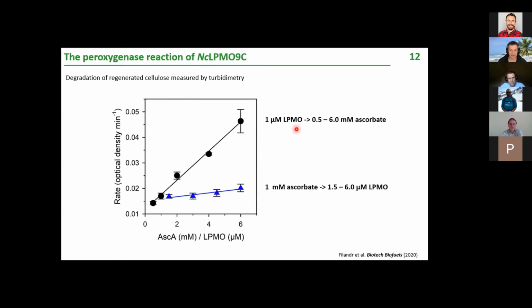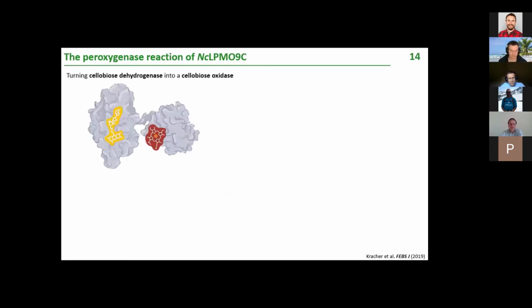By the way, the Km value of LPMO for ascorbate is in the low micromolar range. Here we are really saturated. Again, that shows that predominantly the reaction with ascorbic acid originates from slight amounts of hydrogen peroxide being produced by the reductant.